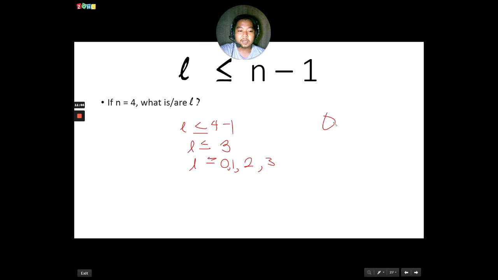Now, 0 corresponds to s. Sana nakasabay na. 1 is p, 2 is d, and lastly, 3 is f. Alright, very good. We have the SPDF. Now, what do we mean by that?